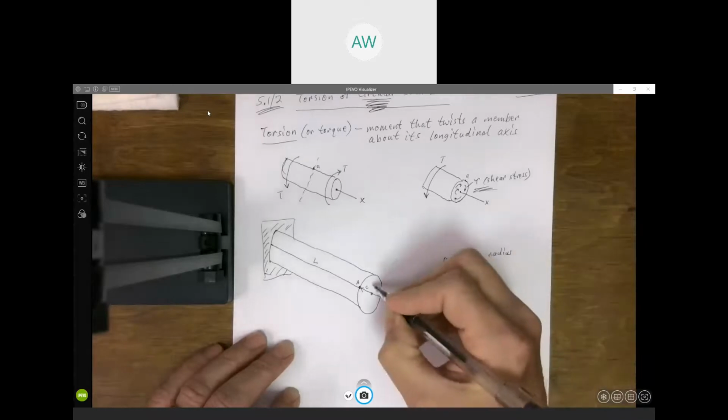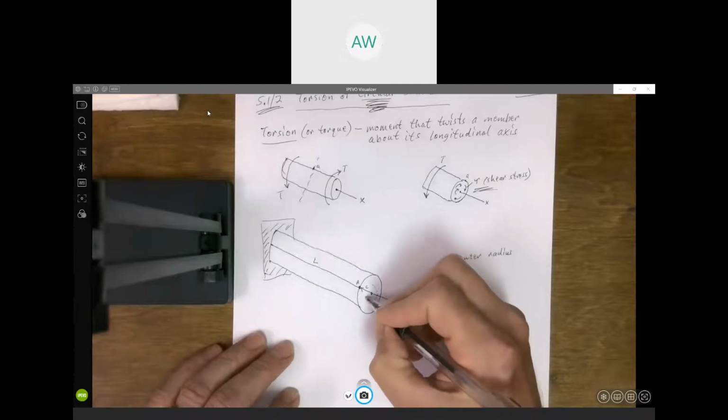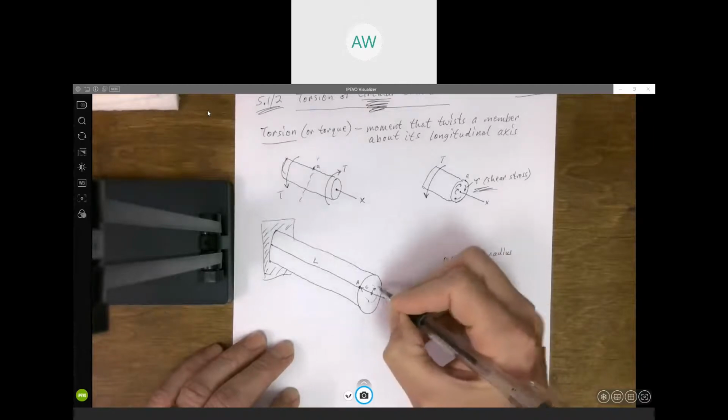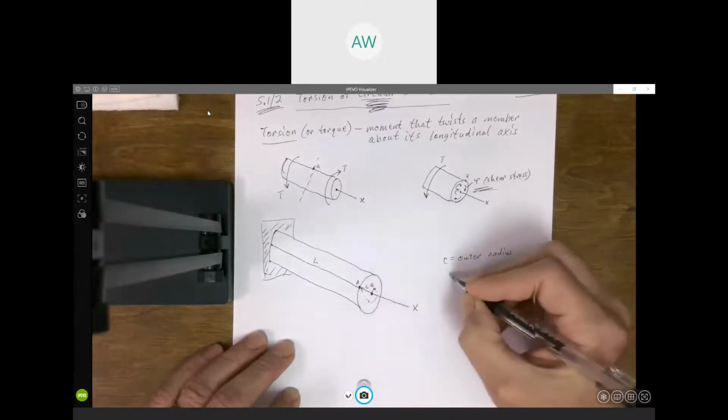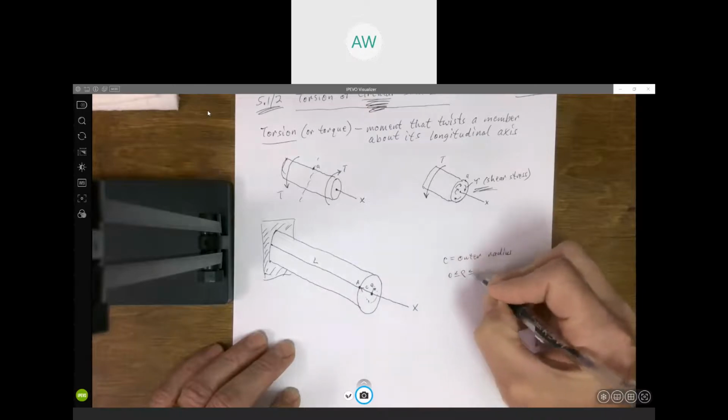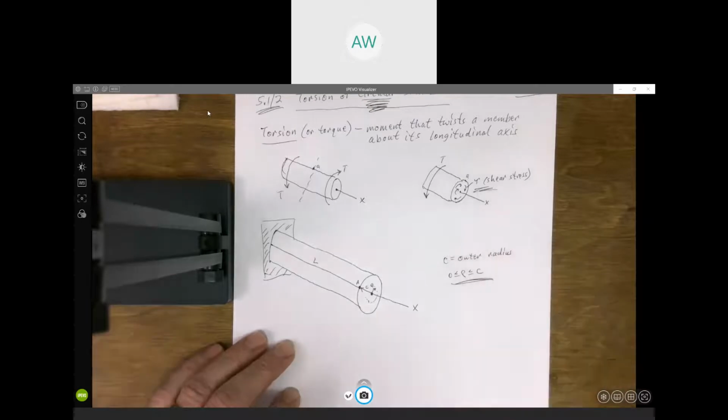If we're talking about just some arbitrary radius, so if we go some arbitrary distance from the center, we're going to call that rho. So rho would just be an arbitrary radius somewhere between 0 and C, but we're defining C to be the outer radius.